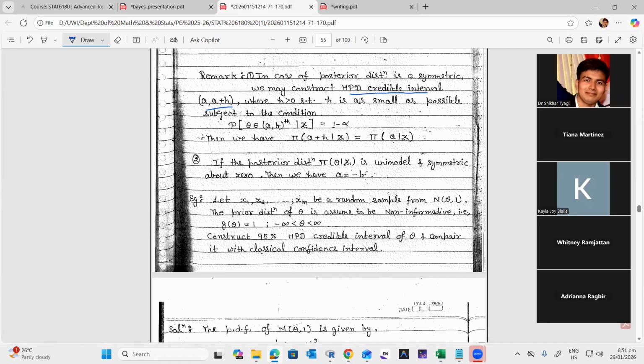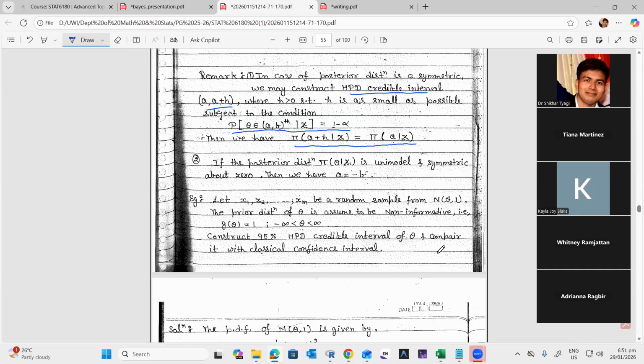That means if we find the credible interval through this equation, probability that theta belongs to (a, b) given x equals 1 minus alpha, then we have pi(a plus h given x) equals pi(a given x).